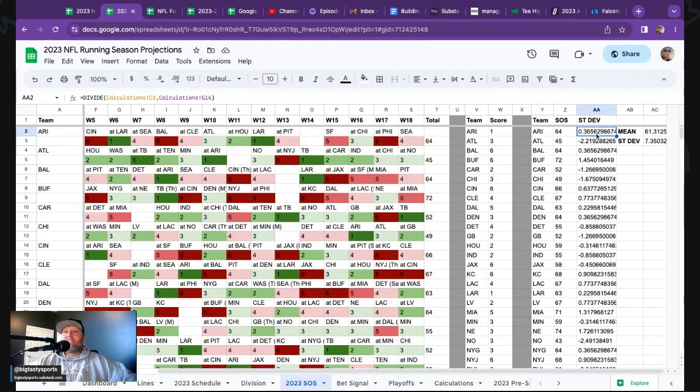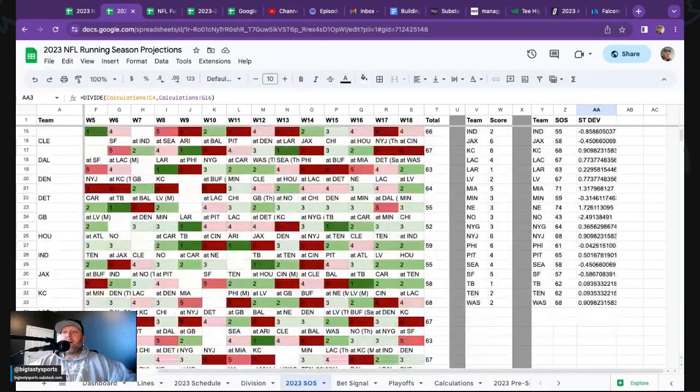And here's something that I think is really interesting. Let's take Atlanta. I could look at Atlanta and say, oh, their strength of schedule is a 45. Man, that's low. There's not many people below a 50. And I go, oh, it's a pretty easy schedule. But then I come over here to the standard deviation and it's minus 2.219 standard deviations. You scroll through here, there's only one other team that is at a -2, which is, oh, nope, there must be two, because I'm pretty sure New Orleans.